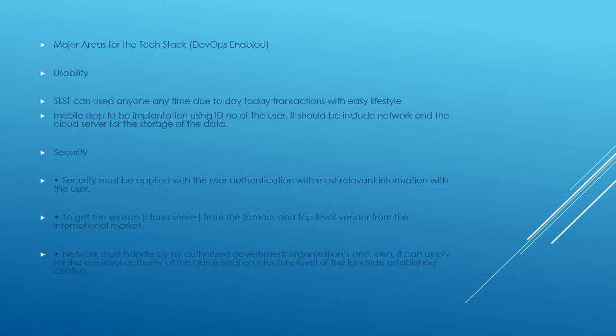User authentication levels and administration structure levels can also be applied, including island-wide establishment centers, and some privileges for authorized staff of the government organizations to handle the network in an efficient way and the correct path.